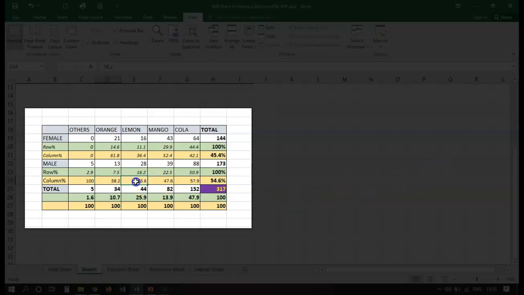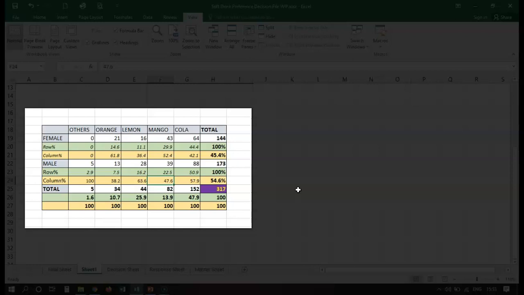Lemon also shows a contrast: 63.6% of lemon lovers are males, whereas only 36.4% of the lemon lovers are female. But this type of contrast we do not see among mango lovers. It is almost the same, 52.4% and 47.6%. We do not see a huge difference between the mango lovers across the gender.